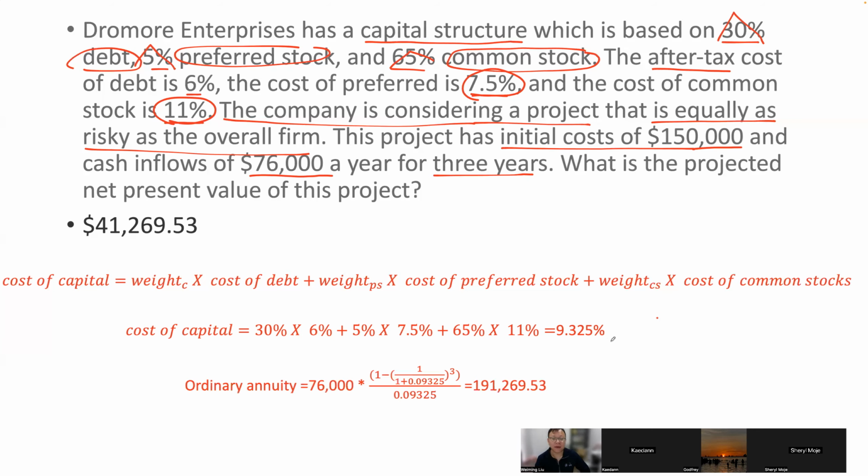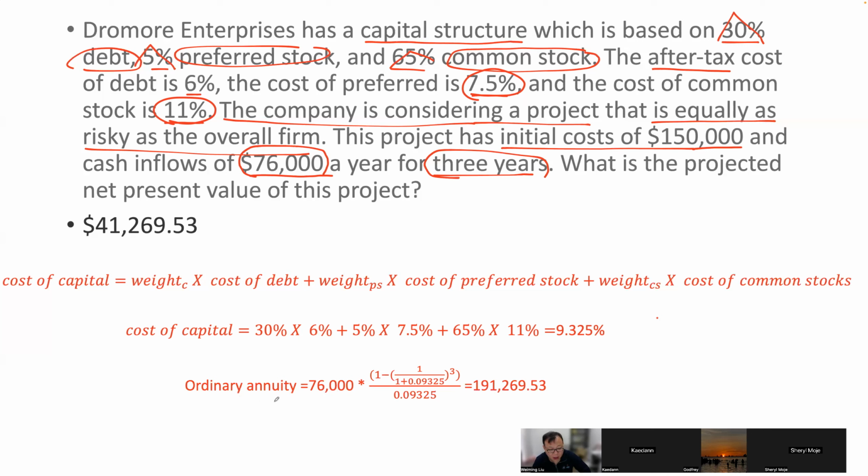So therefore, I'm going to calculate the ordinary annuity of the cash inflows, $76,000 for 3 years, right? So I'm applying that formula. R is the expected return, which is 9.325%. N equals 3, and the payment equals 76,000.